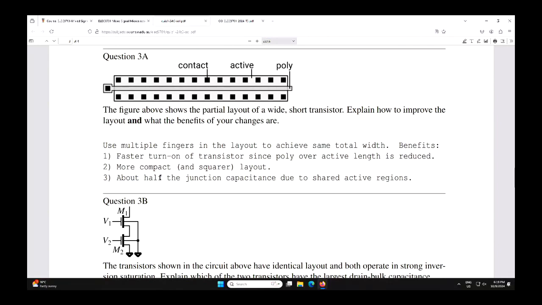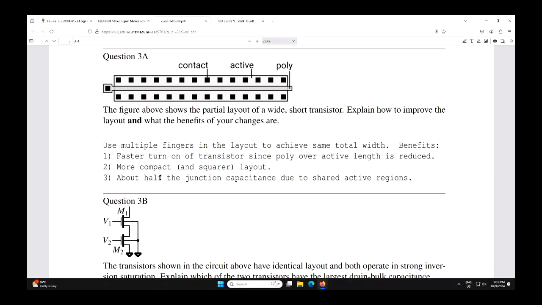Okay. This question was fairly easy, I think. How can we make this layout better, and what are the improvements? Pretty much, instead of one long finger, we want to use multiple fingers in parallel. It means the gate resistance is going to be smaller, so it can switch faster and maybe not get hot spots.